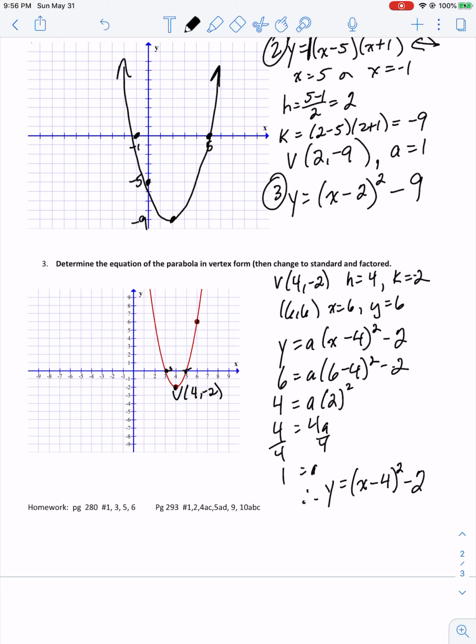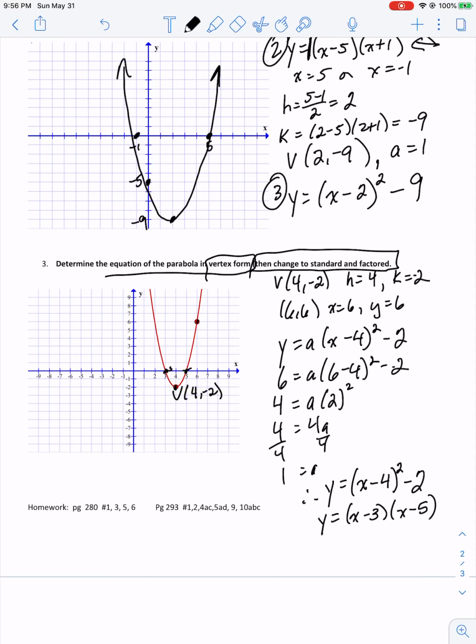This says, determine the equation of the parabola in vertex form, then change it to standard and factored. Okay, well, I know that the zeros are at 3 and 5. So the a value is equal to 1, so y would equal (x minus 3)(x minus 5).